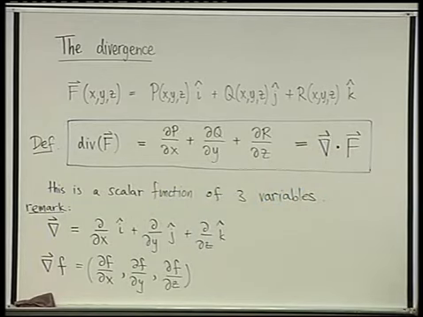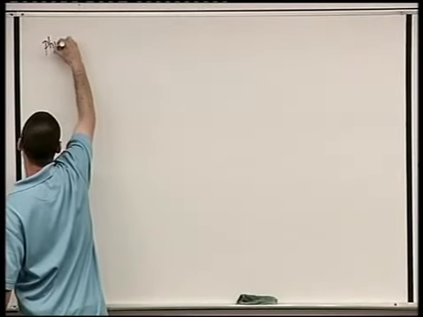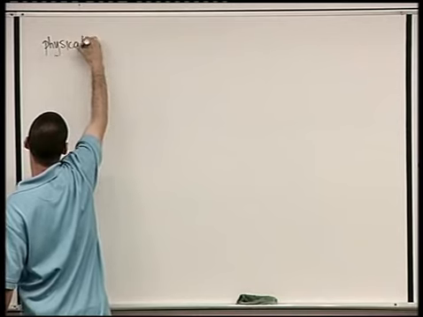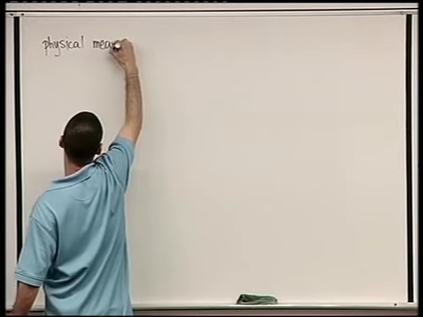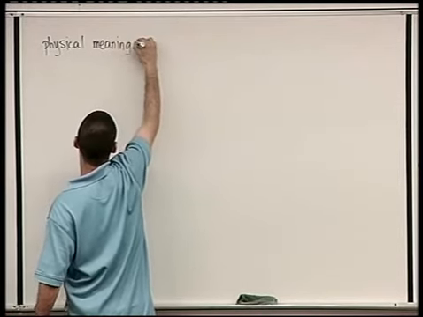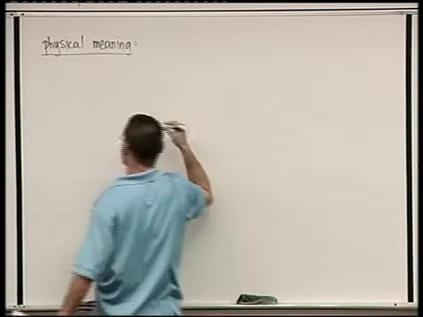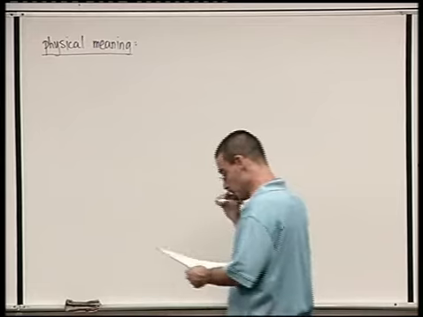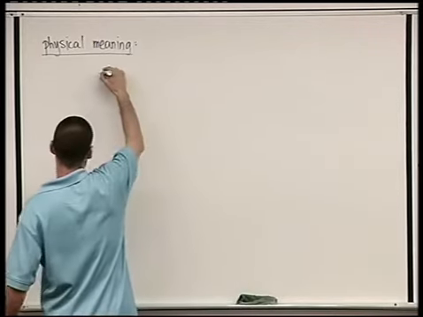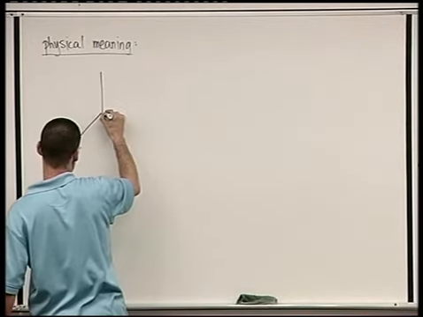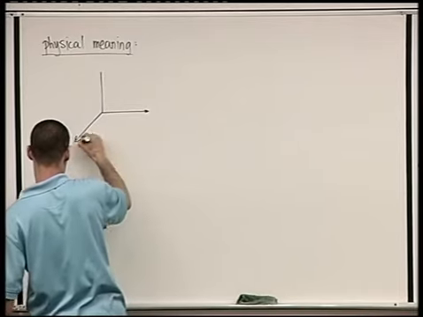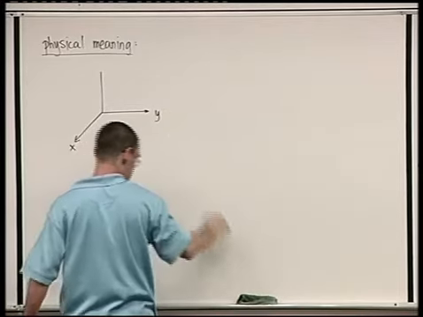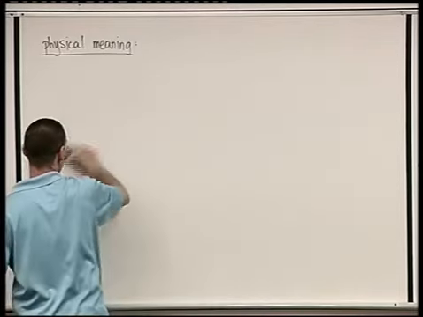So here's the physical meaning, the physical interpretation, or at least an informal way of thinking of it. So suppose we have the XYZ coordinate system. I'm going to draw it a bit bigger.